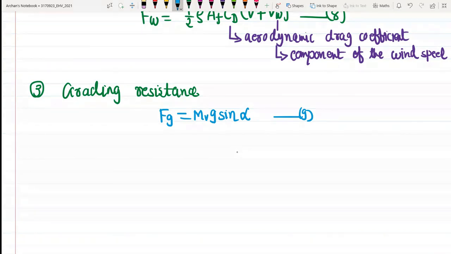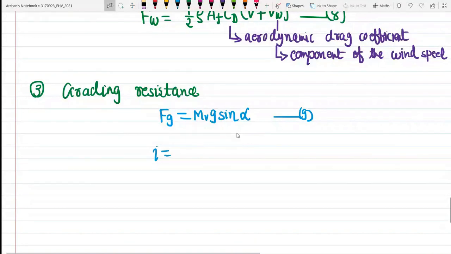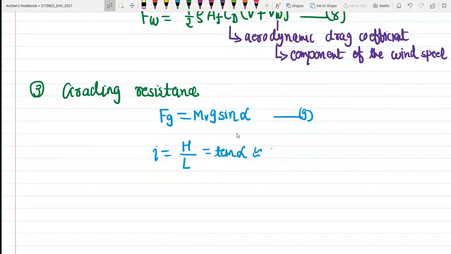The grade is defined as i equal to h by L, which is nothing but tan alpha, which is approximately equal to sin alpha. Let us call it equation number 10.